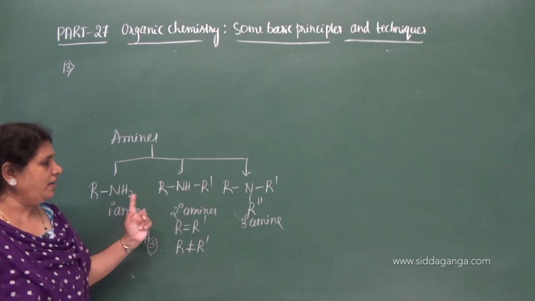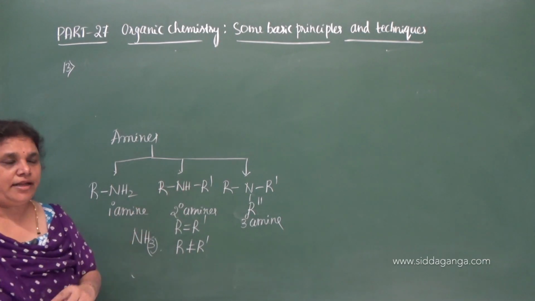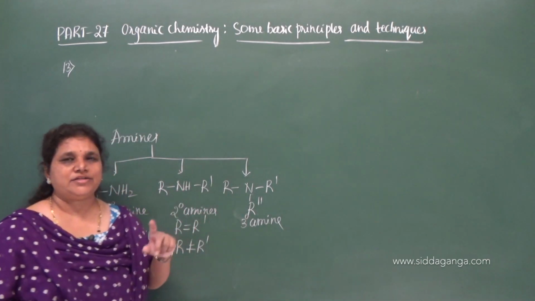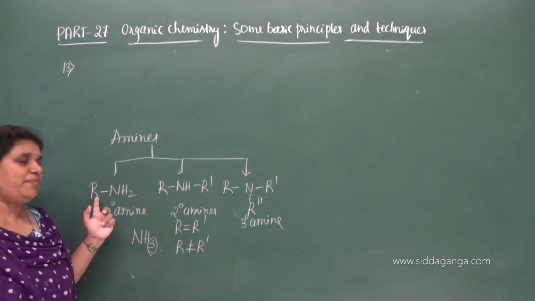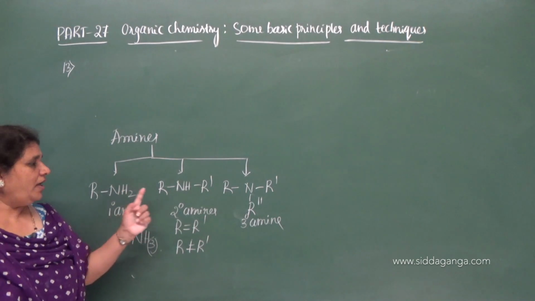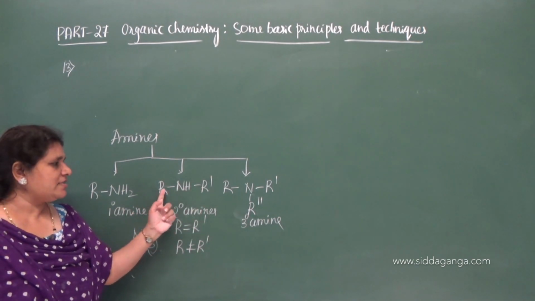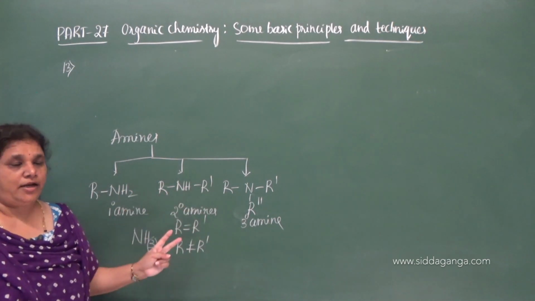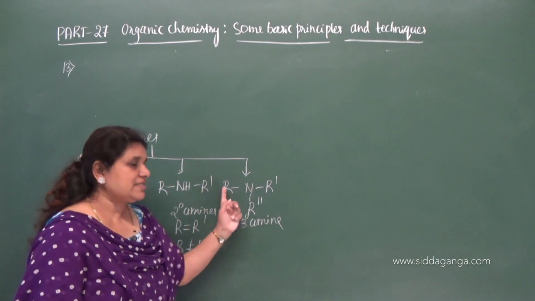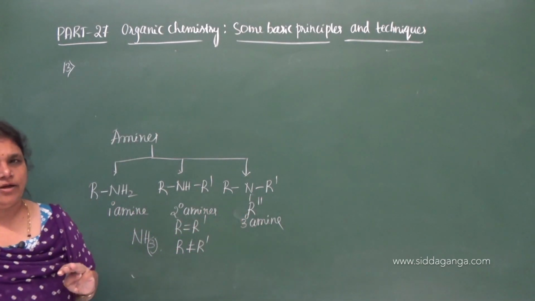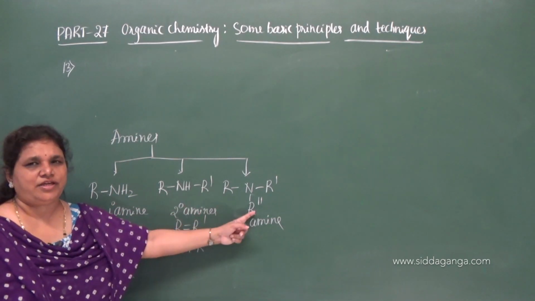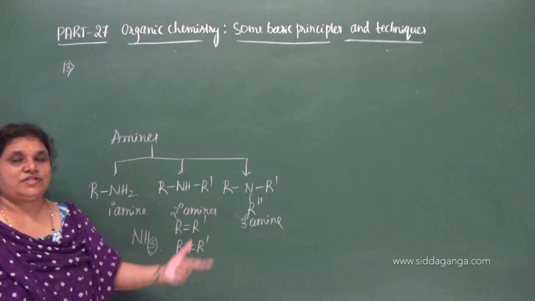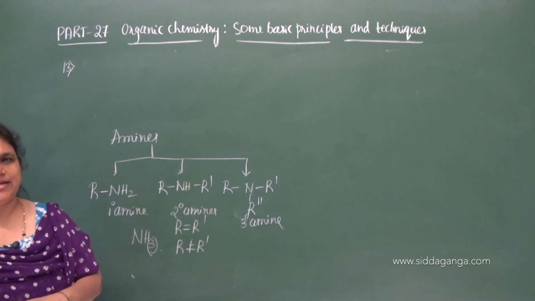NH2 is primary amine, NH is secondary amine, and N is tertiary amine. So here one valency of nitrogen is replaced by an alkyl group, here two valencies are satisfied by two alkyl groups, and here three alkyl groups. Very, very important. Primary amine, secondary amine, tertiary amine, and remember the functional group of primary, secondary and tertiary.